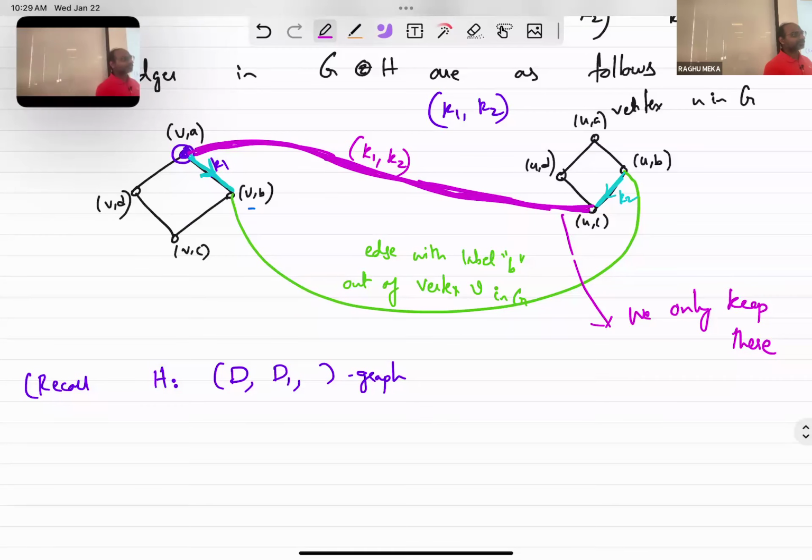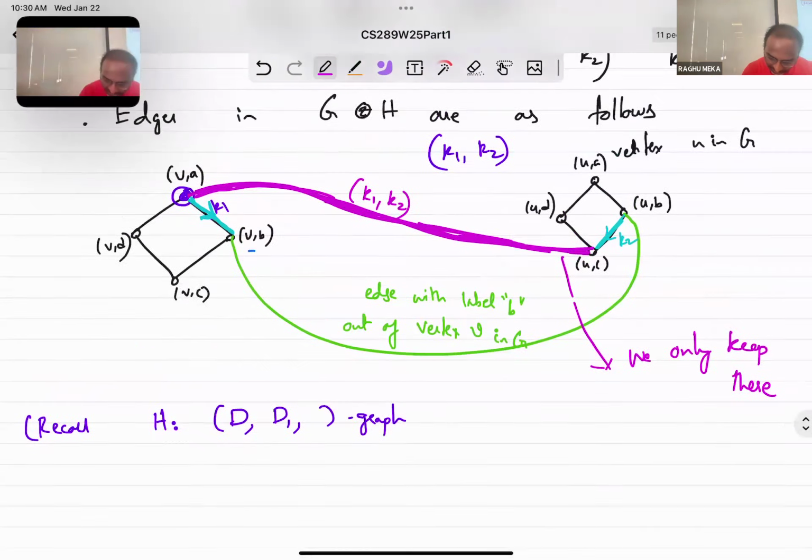Every single vertex and every single pair K1, K2, right? So for every vertex and for every K1, K2, I add these edges. Let me just write that down.